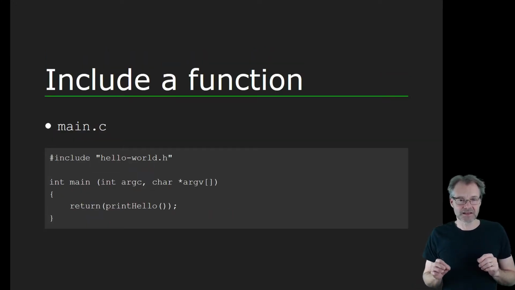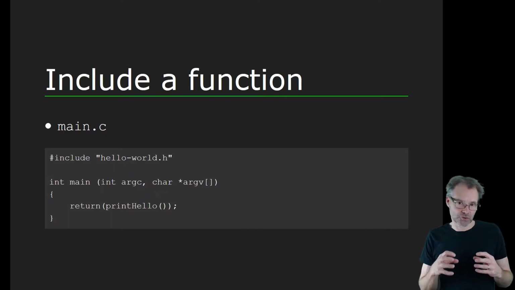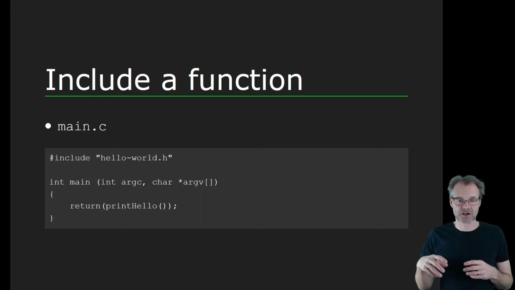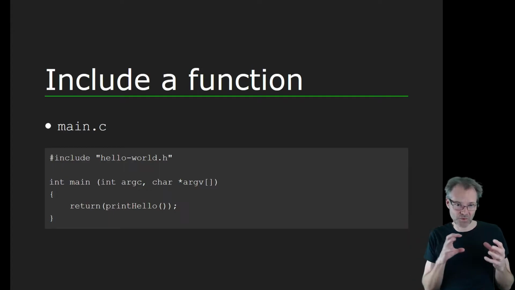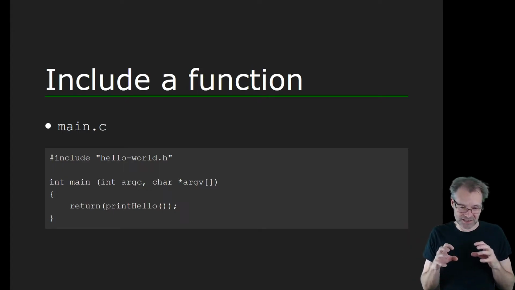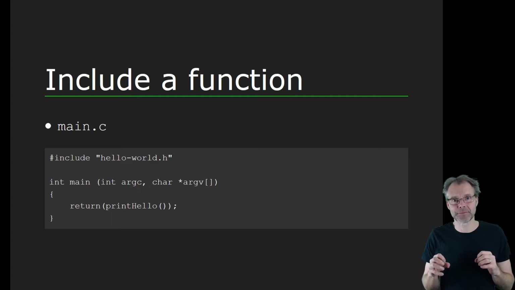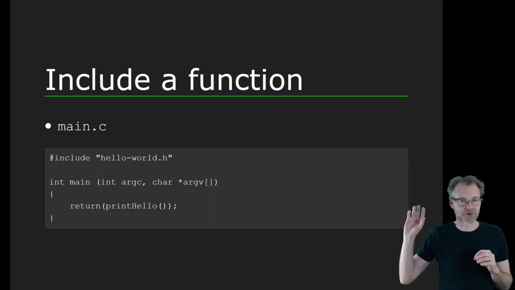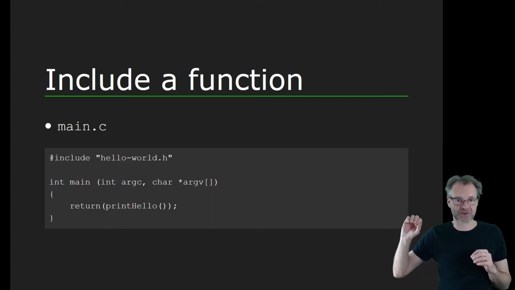So let's see another example on how I can organize my code using the functions here. I'm going to show you an example where I split the code into files. I'm going to have my file here, main.c, and I want to have a real small, slim main file. So I put all my functions into other header and C files.